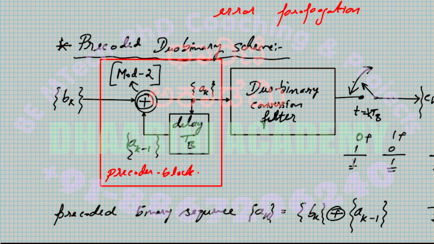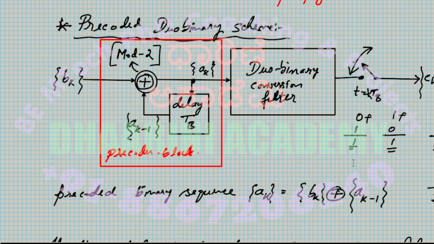Now how to overcome that? You can overcome the issue of error propagation by adding a pre-coder before you apply the duo binary coding. As the name suggests, before doing something, you apply the pre-code. So what is pre-coding?